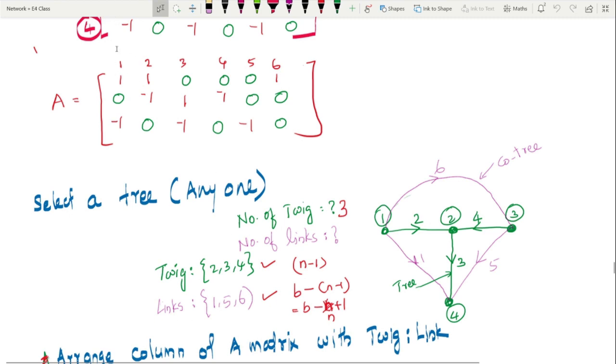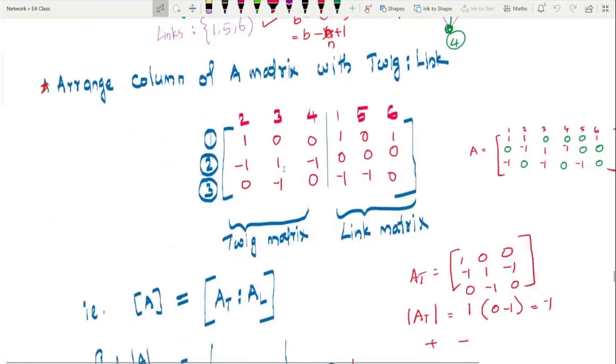So we are arranging the column entries of this reduced incidence matrix in such a way that the first column is the second column of the original matrix, then the third column will come, then the fourth column will come. After that, the link column will come, that is the one corresponding to branch 1. Next come the fifth one and the sixth one as shown here.